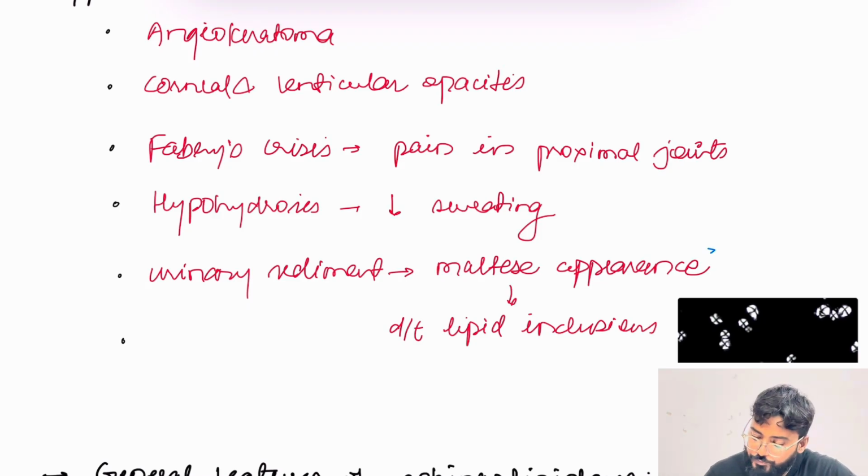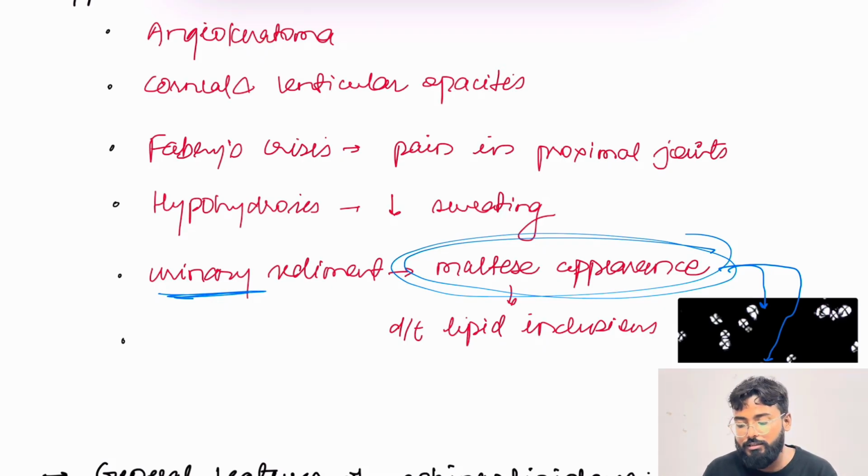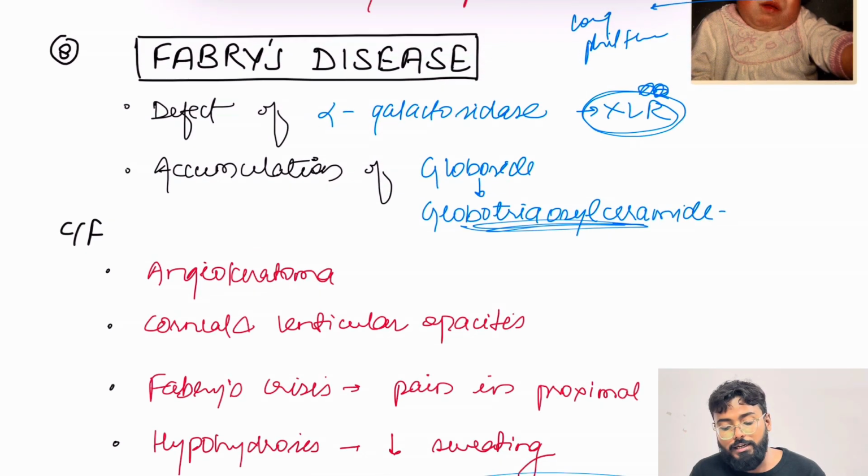So Maltese appearance in urine. So this is your Maltese appearance. You see, this is forming a cross kind of thing. So this is your Maltese cross appearance that you are going to see in urinary sediment in case of Fabry's disease.